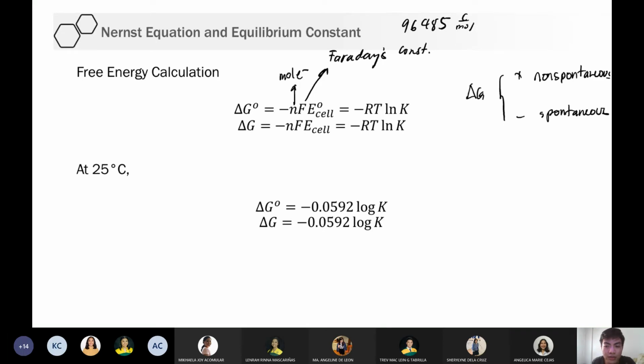That's the Faraday's constant. That is the constant we use in physics, no, to determine the electrical quantity of matter. Yan. So, Faraday's constant. And then, E cell. Alam nyo na yan. So, that's the cell potential. Okay. Cell potential. Okay. So, we can use this to get delta G, or the free energy.